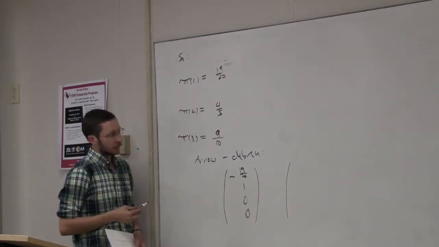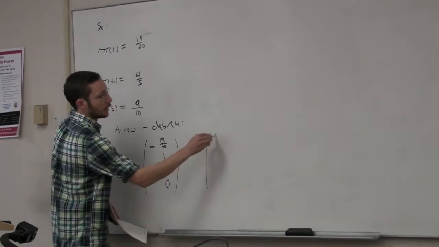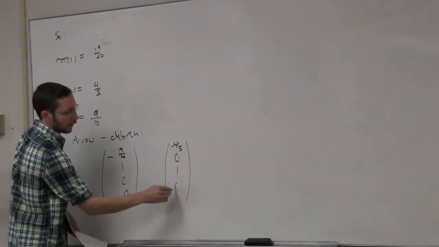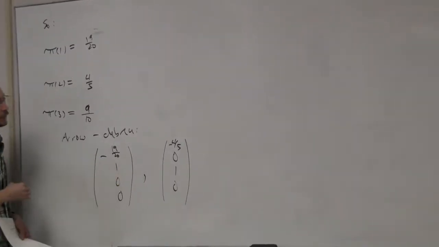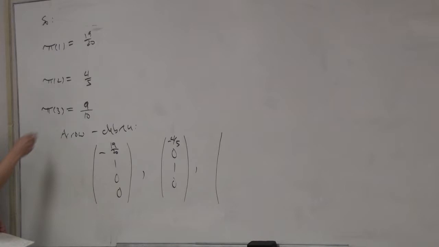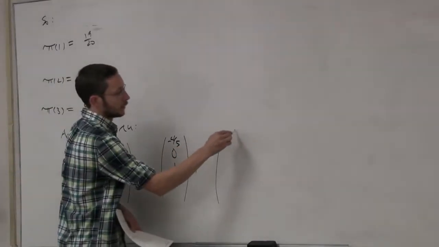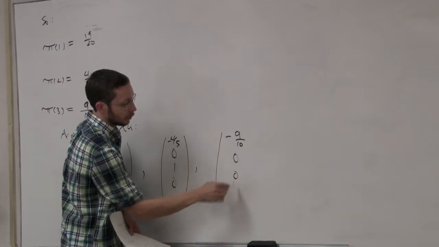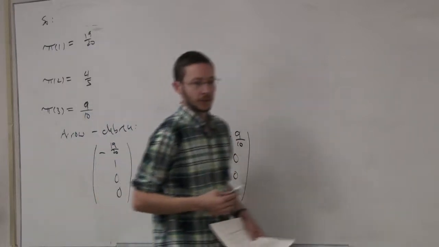Negative 4/5, 0, 1, 0. That's right. Negative 4/5 is the price we should pay today to get an asset that pays $1 in state 2. And same thing here, negative 9/10 of $1 for an asset that pays $1 in state 3.